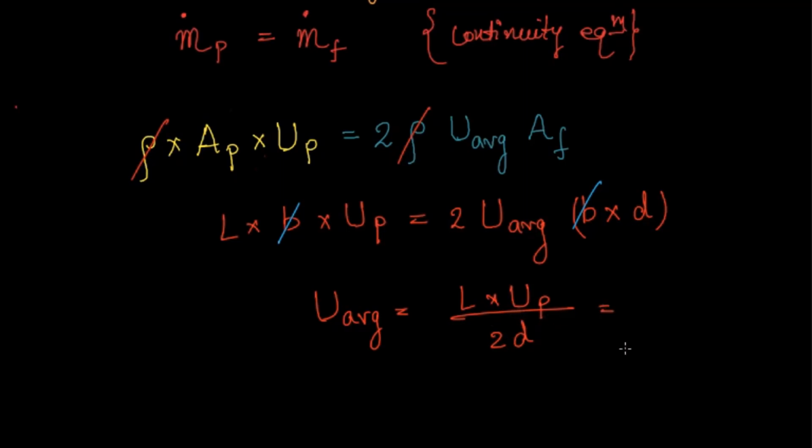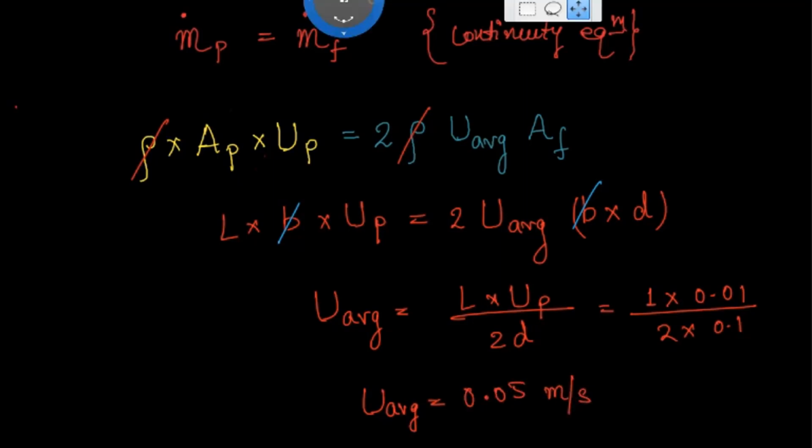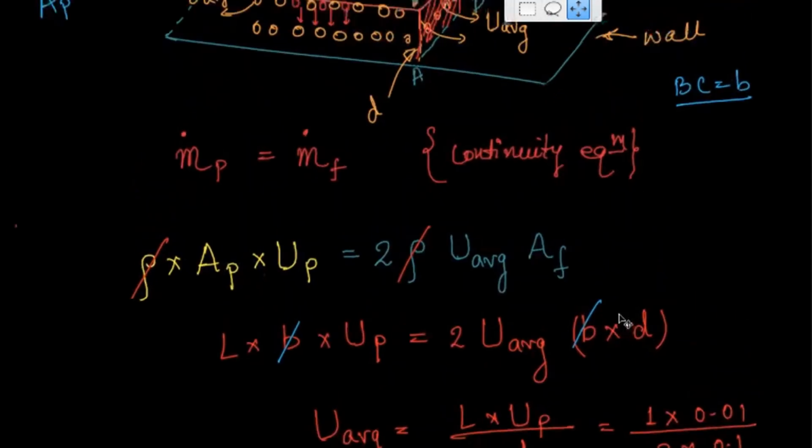The length of the plate is 1 meter, multiplied by the velocity of the plate, 0.01 meter per second, divided by 2 times the separation between the plate and the wall, which is given as 0.1 meter. So the average velocity of fluid will be equal to 0.05 meter per second.